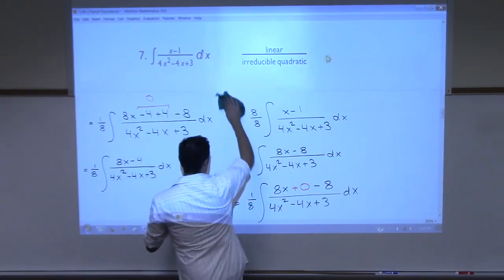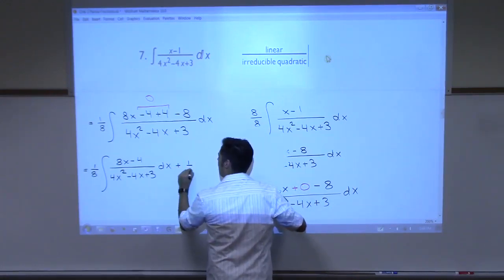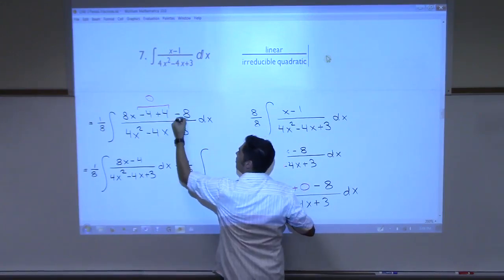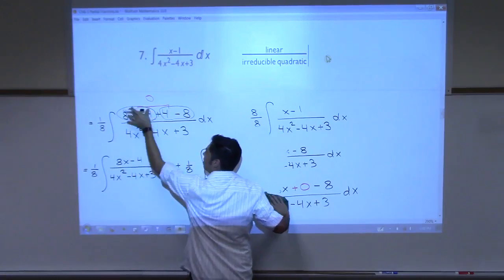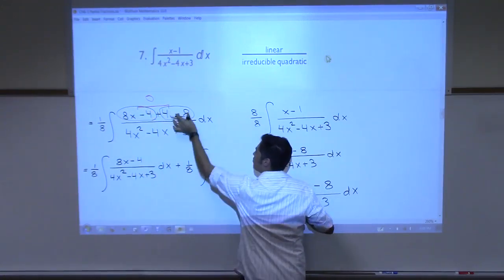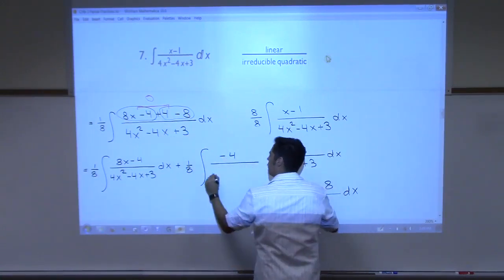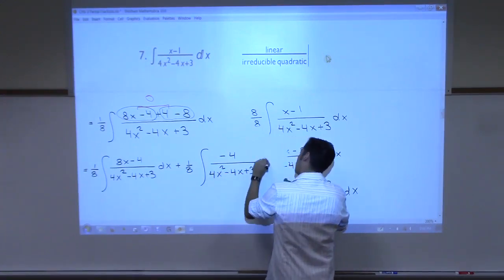And then the other integral, I'm still going to have the 1/8, that has to go to both. Integral, and then I need to put these two numbers together, so I grouped them up. Those two over that is what? Negative 4 on top over 4x squared minus 4x plus 3 dx.